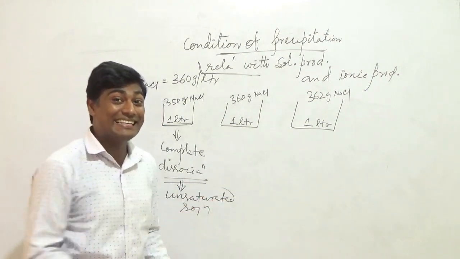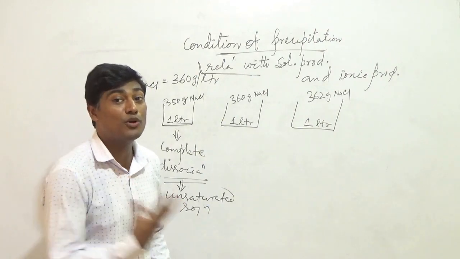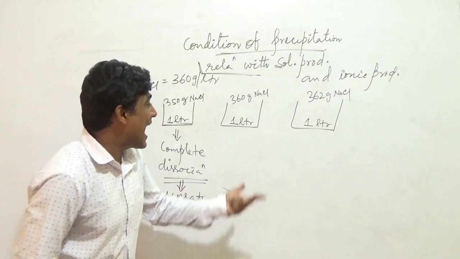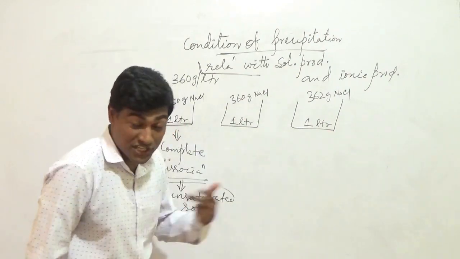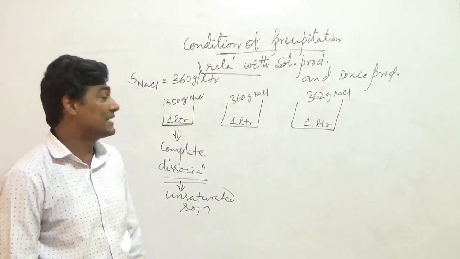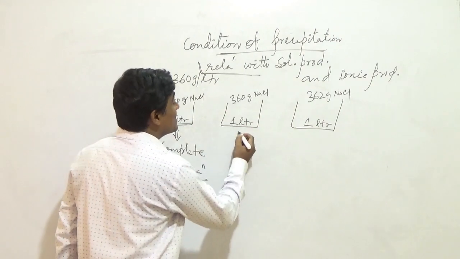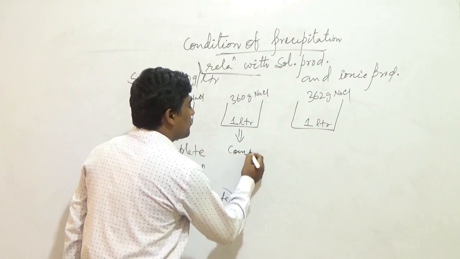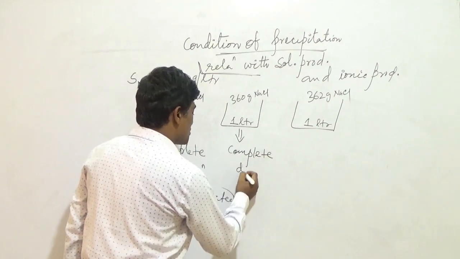When you started increasing the amount of sodium chloride in that 1 liter water and just reached adding 360 gram, this is the case of just saturation, because here also you find complete dissociation.